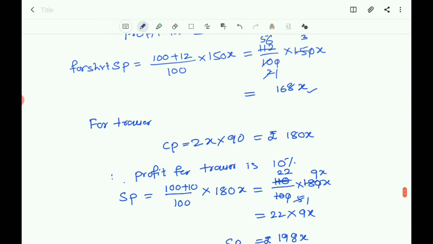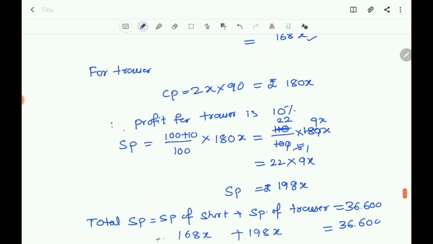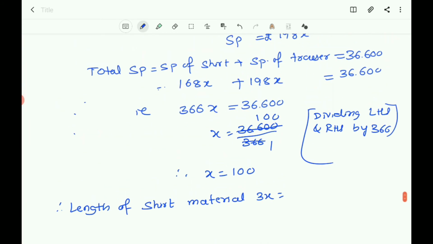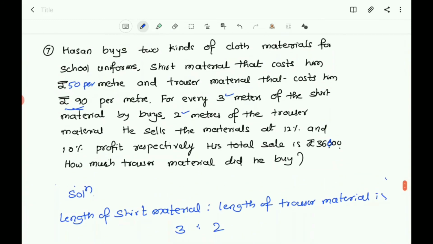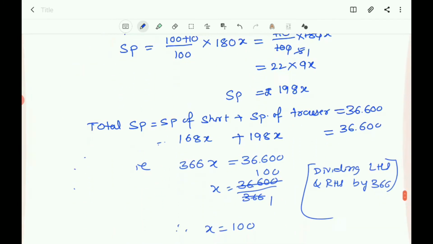If you got the value of x, then you will get the length of the shirt material as 3x, and also the length of the trouser material.